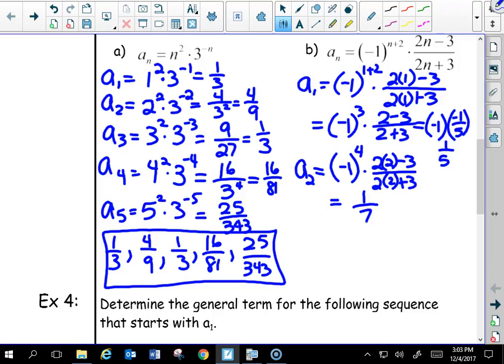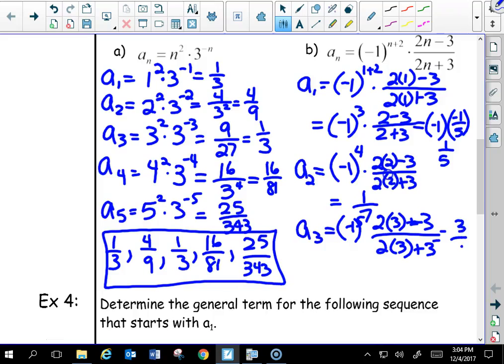All right, a3, negative 1 to the 5th power times 2 times 3 minus 3, over 2 times 3 plus 3, and negative 1 to the 5th power gives me a negative. 2 times 3 is 6, minus 3 is 3, 6 plus 3 is 9, negative 1/3.